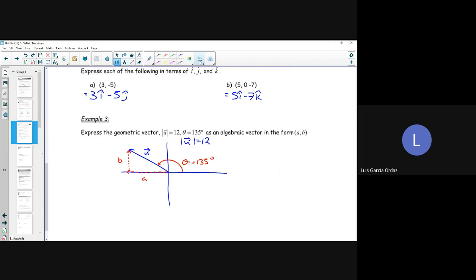The angle 135 is not a bearing, it is the principal angle in standard position. So if we look at my CAST rule, C, A, S, T, I know my B value has to be positive and my A value has to be a negative number because it lies in the negative x-axis.